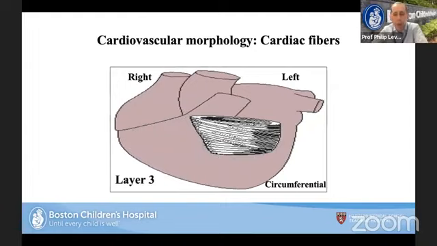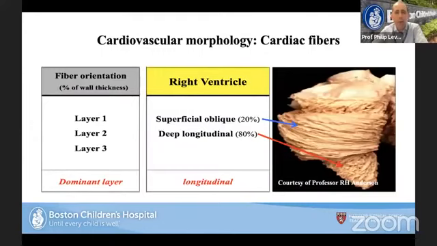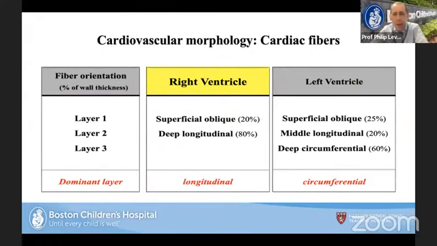So when we put this all together, you can see that the right side has two unique patterns, and the left side has three unique patterns. Why is this important? Well, the left side is circular. It has a circumferential pattern that really provides 60% of the ejection and the stroke volume, while the right ventricle relies on longitudinal patterns.